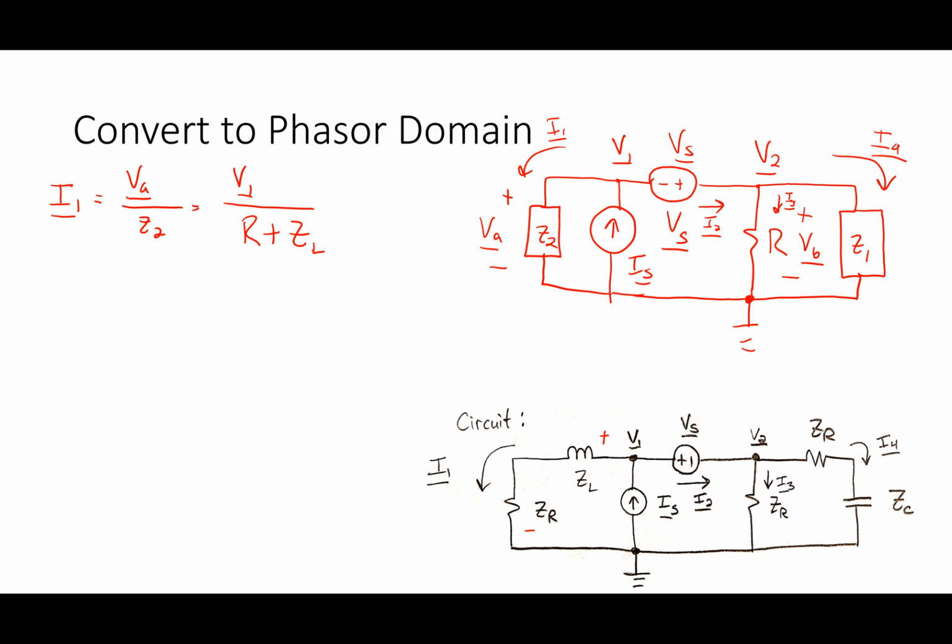Then, can I do a similar one for I2? I2 being here. Oops, I just noticed that I wrote that opposite right there. Can I define I2 like that, like I just did? No, right?